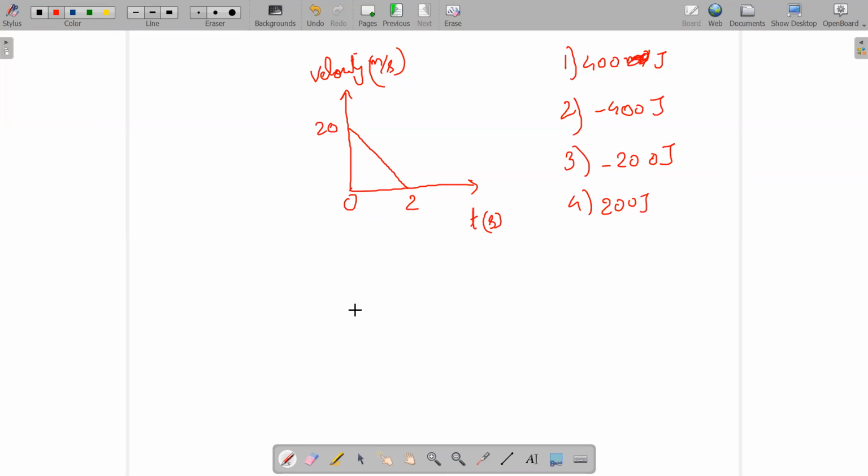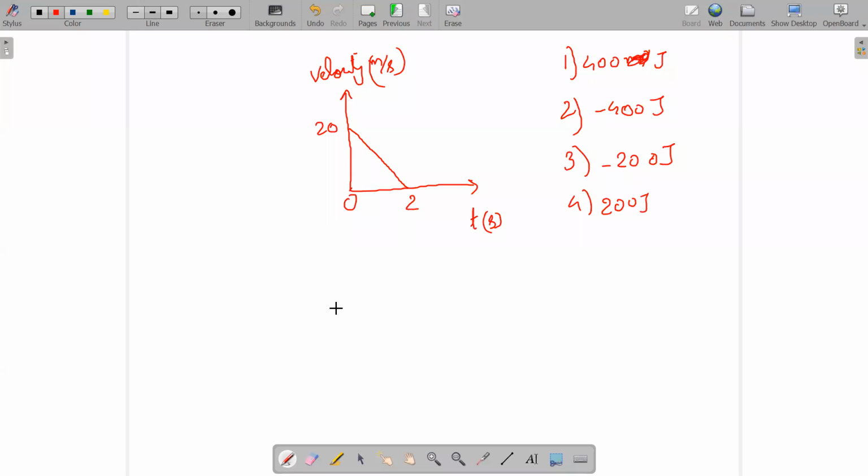So let us come to this. The question says that the velocity-time graph of a particle of mass 2 kg moving in a straight line is as shown in the figure. Work done by all the forces on the particle is how much?